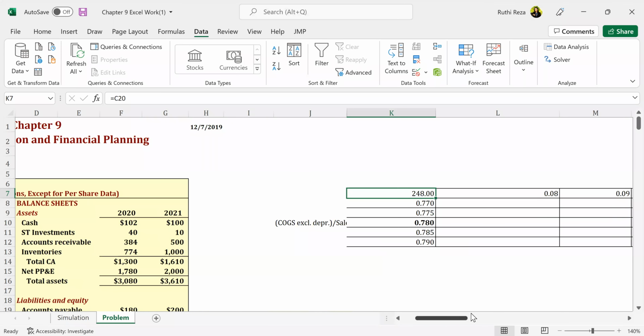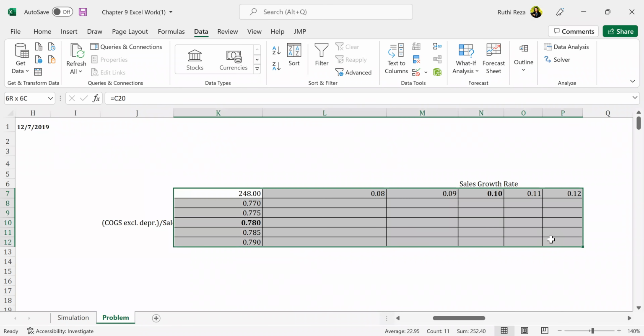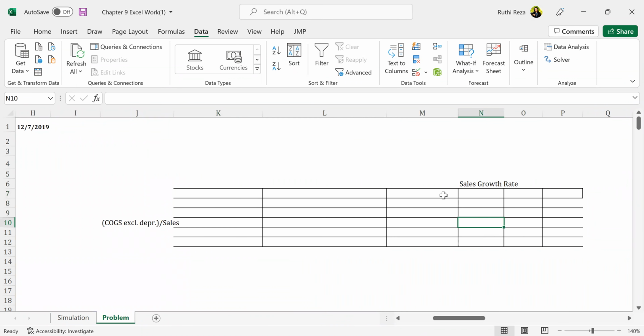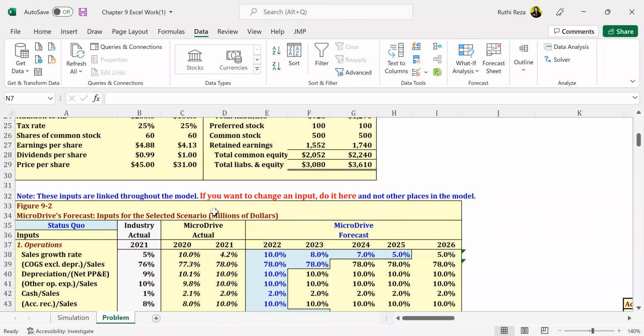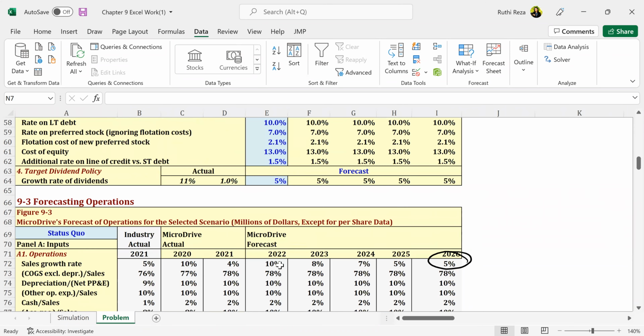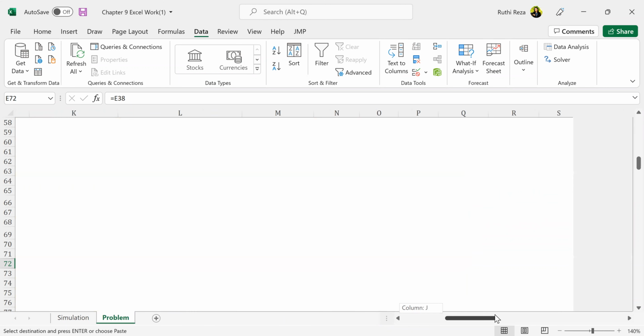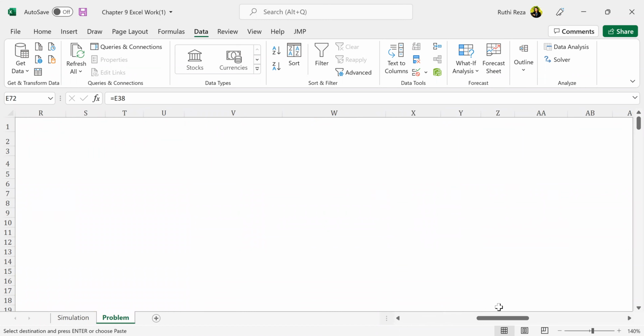Right, let us start from the very beginning for this sensitivity test. So as I said, we're going to first copy our sales growth rate. It could be anything. Remember, here we are now doing it with respect to sales growth rate and cost of goods sold as percentage of sales. So we know here our sales growth rate is 10%.